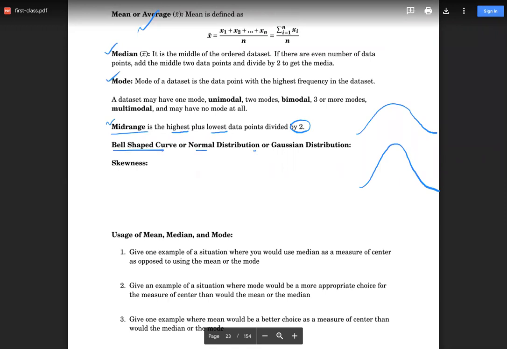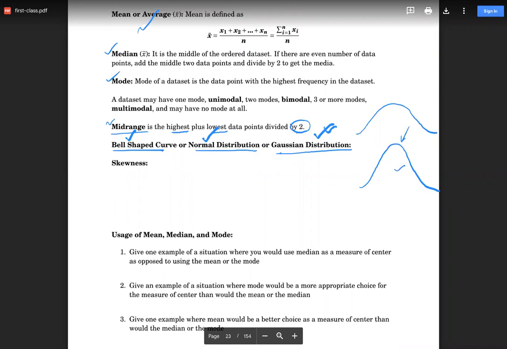It is also called Gaussian distribution, after Gauss, who came up with the formula for figuring out the bell-shaped curve. He did a lot of work with it, and it's named after him. Sometimes in academia, they use Gaussian distribution. So if you hear Gaussian distribution, normal distribution, or bell-shaped distribution or curve, it all refers to this.